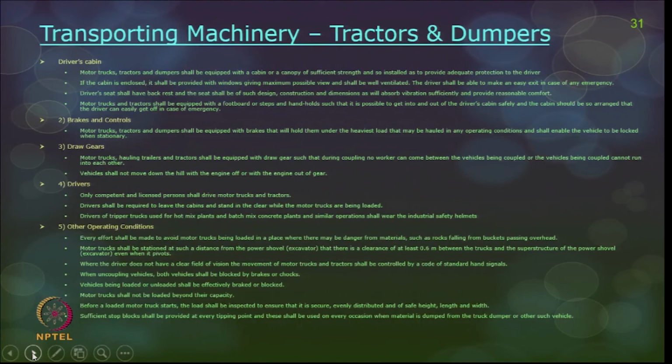Now, general precautions on earth cutting machinery and general precautions on transporting machinery, primarily on tractors and dumpers, I am not covering here, but they are all given in the IS codes. For example, let me talk about what these equipments are.